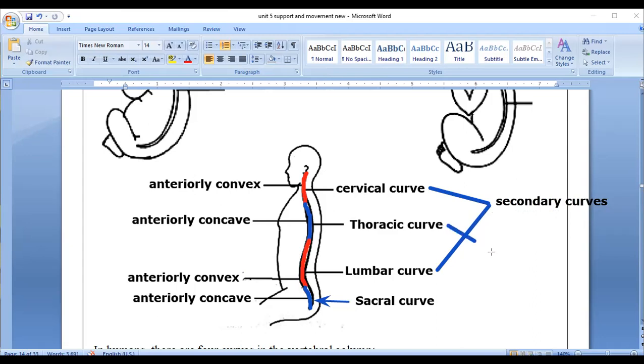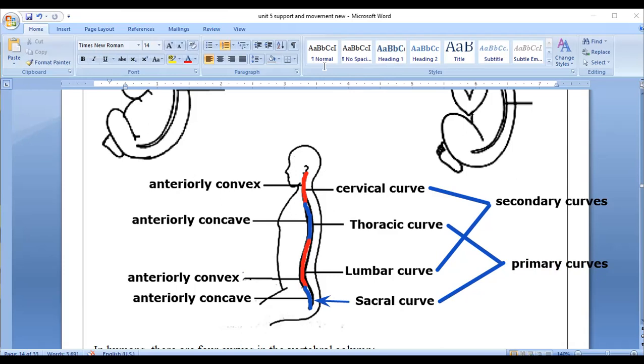And these two are primary curves. So two primary curves and two secondary curves are there. Clear? Clear, sir. Right. So that is regarding the curvatures in the vertebral column.